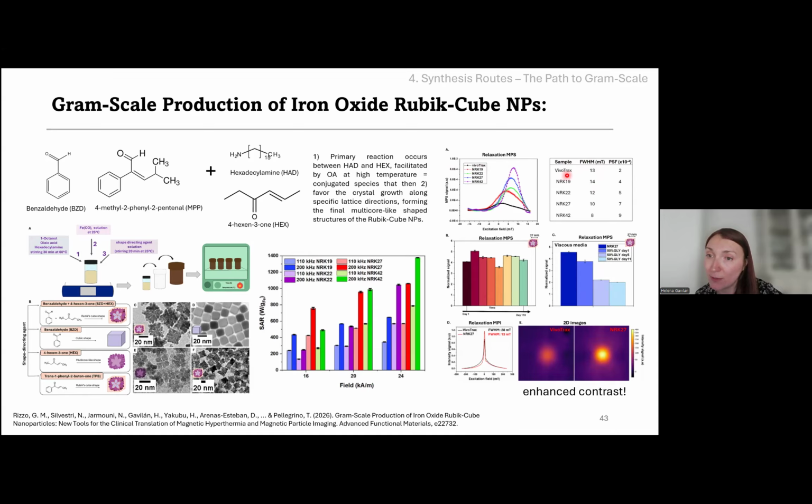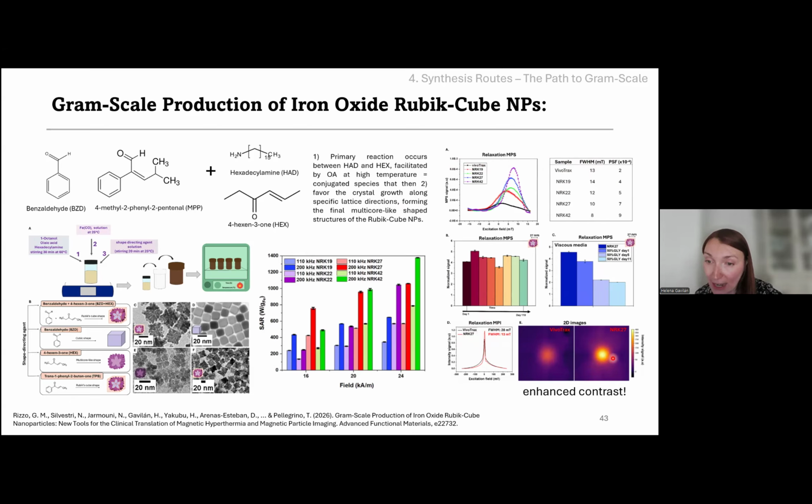We pass from 13 to 8, okay? And we could also see the MPI signal that, again, especially that of 27 nanometers, has a better signal than Vivotrax.